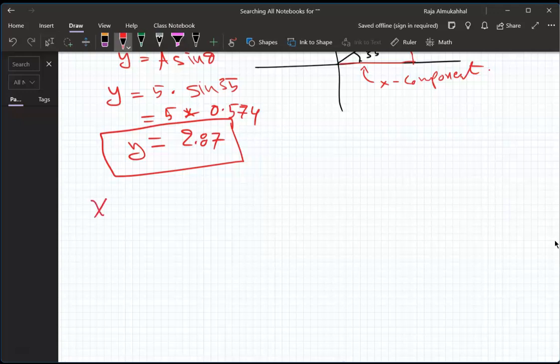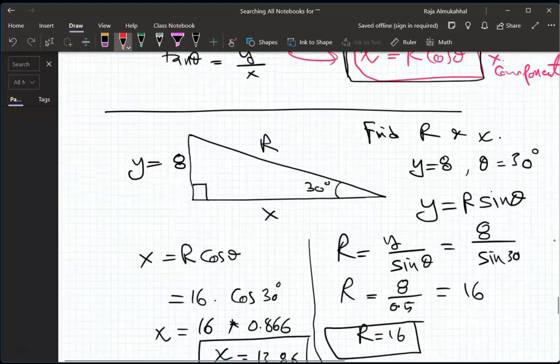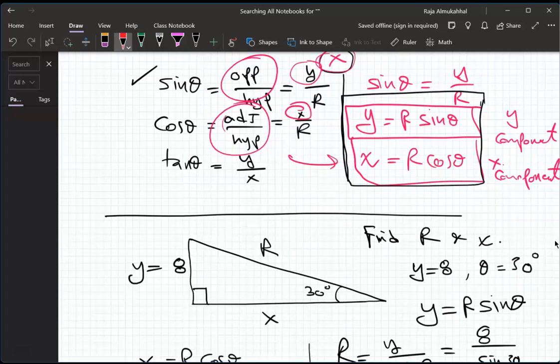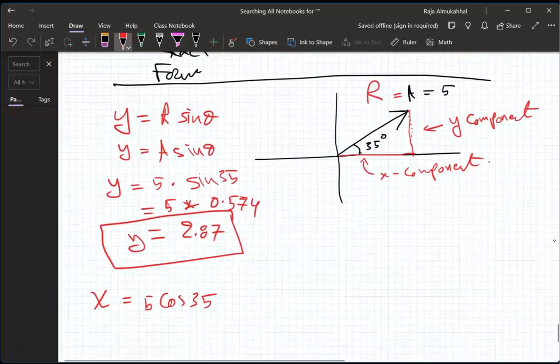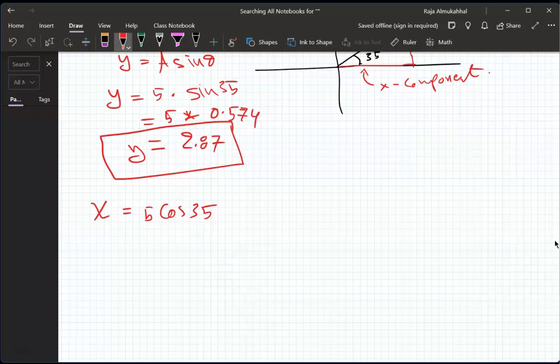The value of x in this case would be equal to 5 cosine 35, right? What is that formula? x equals r cosine theta. For us here, I'm going to write it down: so here we have r cosine theta, so that will be A cosine 35 degrees, and that will be 5 times cosine 35 degrees.